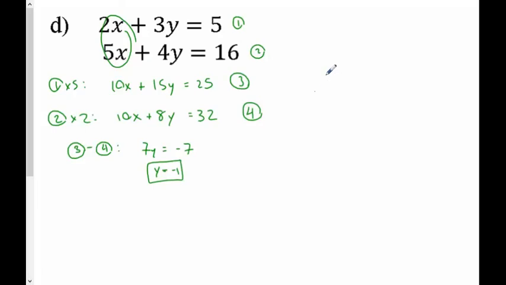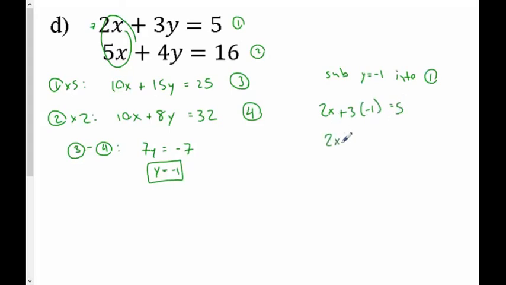Okay, then I am going to sub y equals negative 1 into one of my equations. They all have coefficients on x. I'm going to pick the one that's got the smallest coefficient on x, so let's go with equation 1. So that gives me 2x plus 3 times negative 1 equals 5.